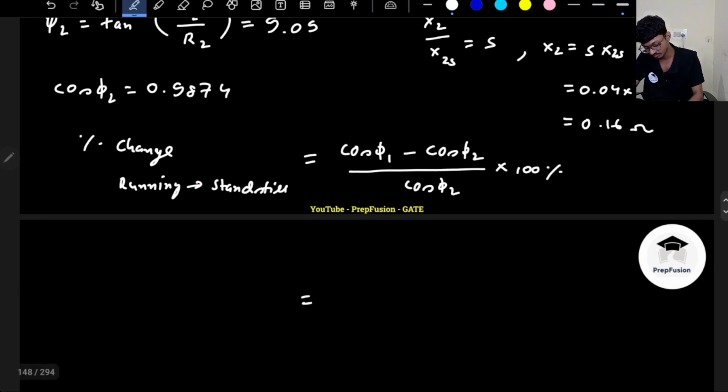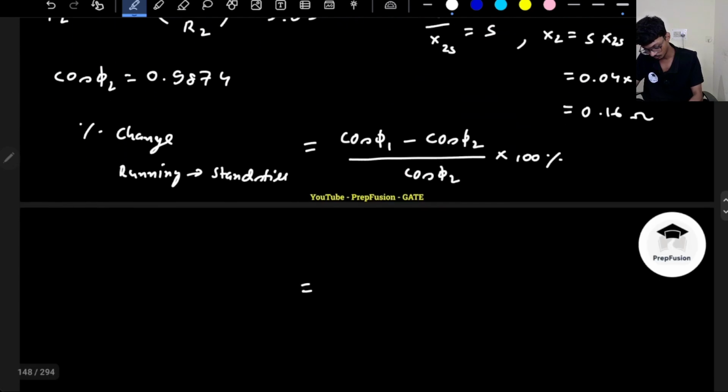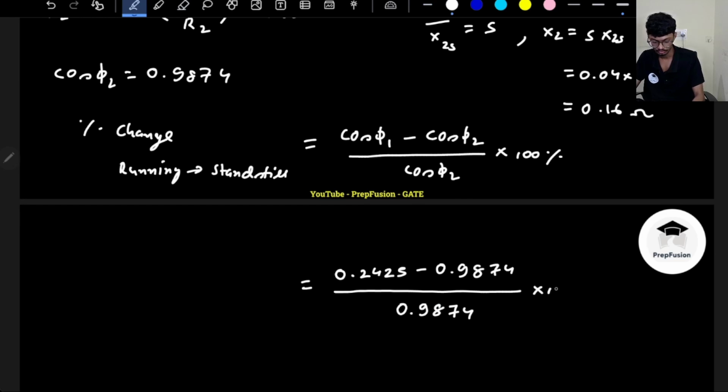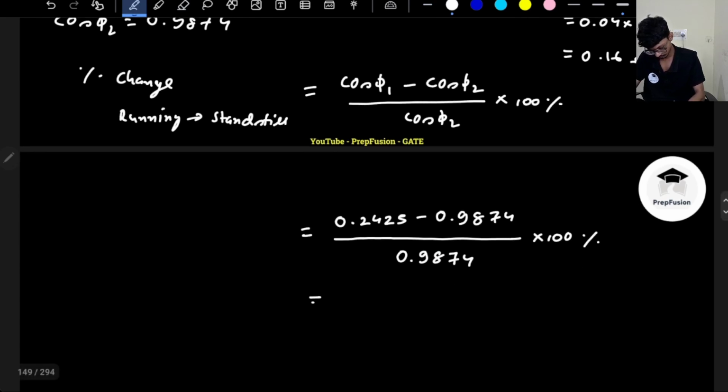So this will be equal to cos phi 1, which is basically 0.2425, minus 0.9874, divided by 0.9874, into 100 percent.